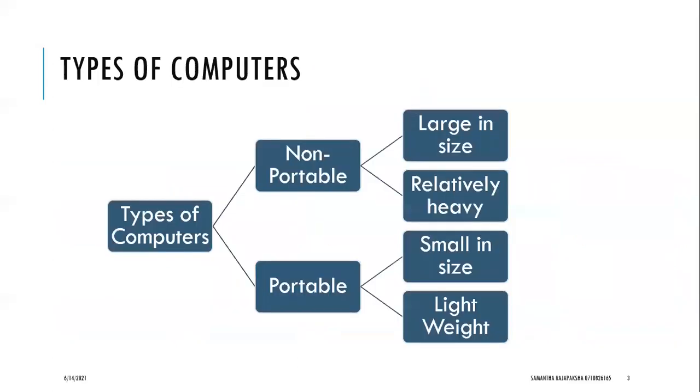And again, coming to the computers. Mainly there are two types of computers, portable and non-portable. Portable means a computer that you can move, which is very small in size and lightweight. Non-portable means very large computers, relatively heavy, difficult to move here and there.